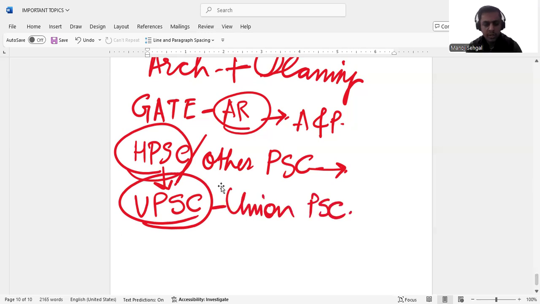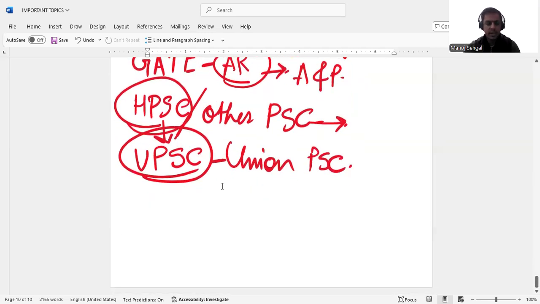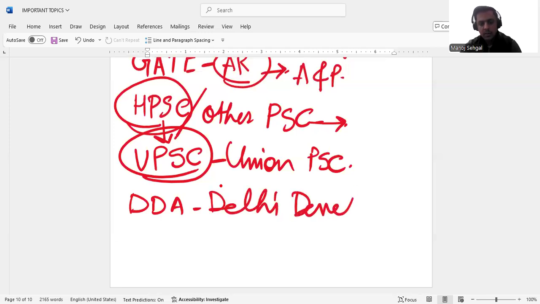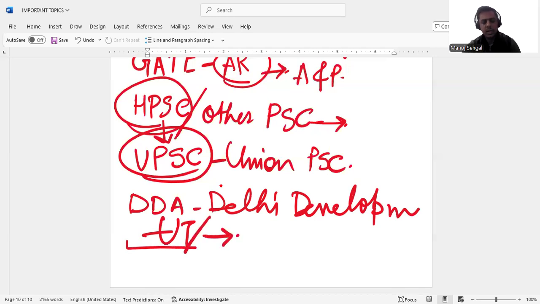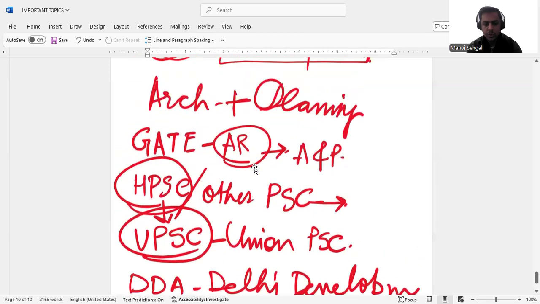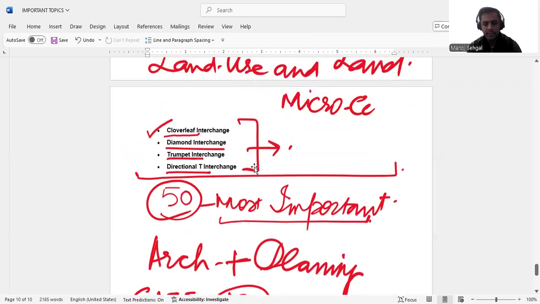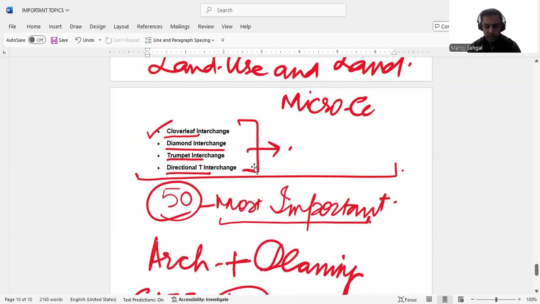And various authorities could also conduct examinations, like DDA, which is the central authority under the central government, also called the Delhi Development Authority, or the administration of various union territories. So there are numerous ways in which vacancies are filled when it comes to the conduct of examinations which are important from the perspective of architecture and planning.